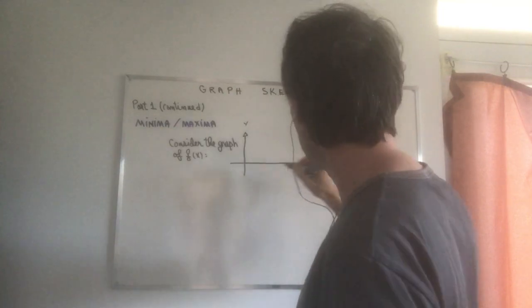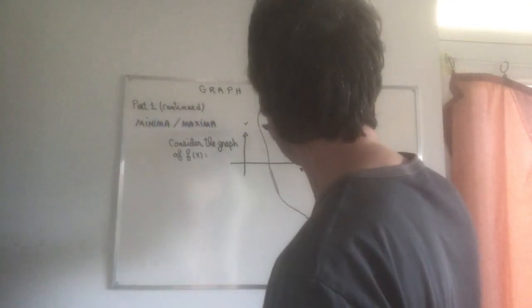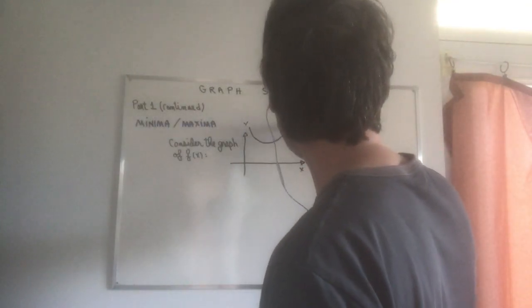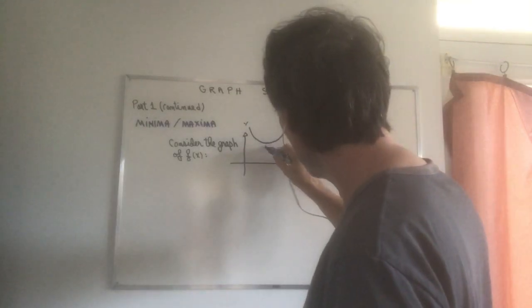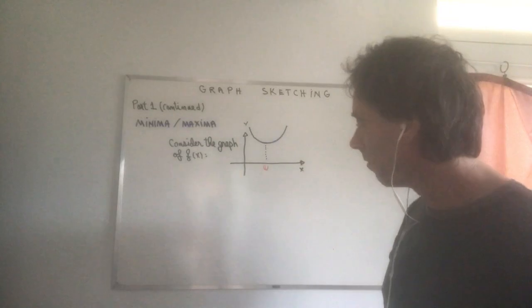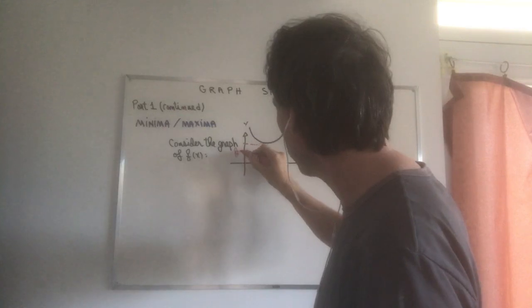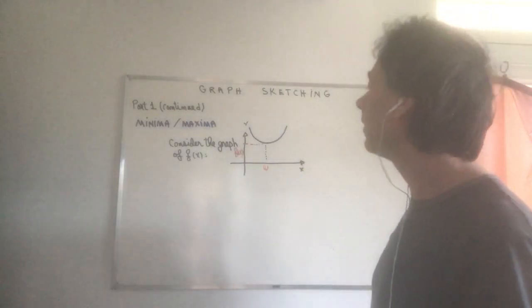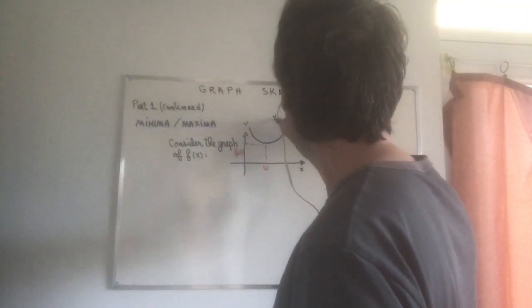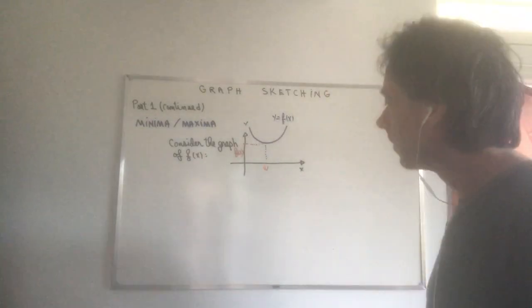Those whiteboards are so small, you can't really write anything on them. I'm going to draw a curve that looks like this with a point right here. I'm going to put that in red because it's going to be the focus point of what we're going to do. And this would be f of a. And that's f of x in blue, y equals f of x.